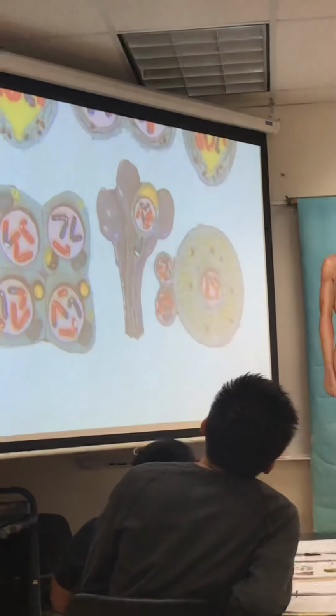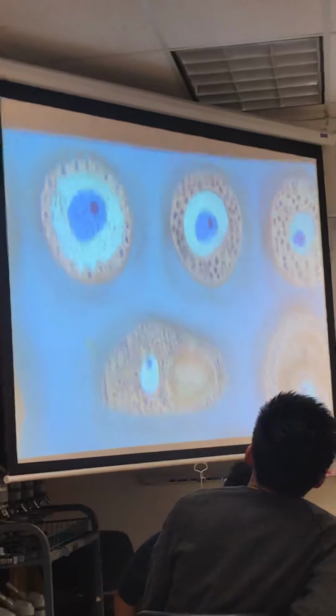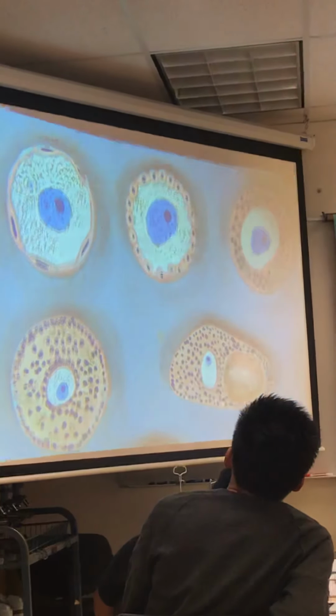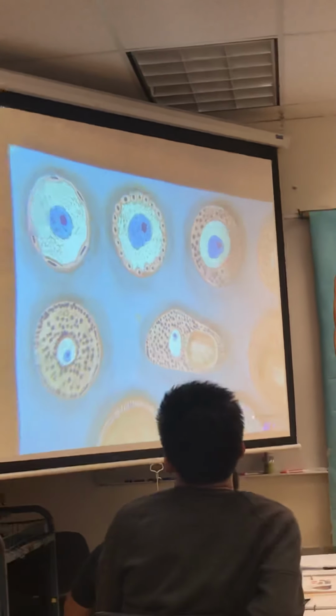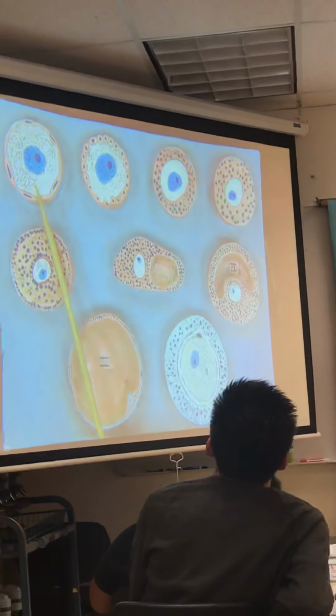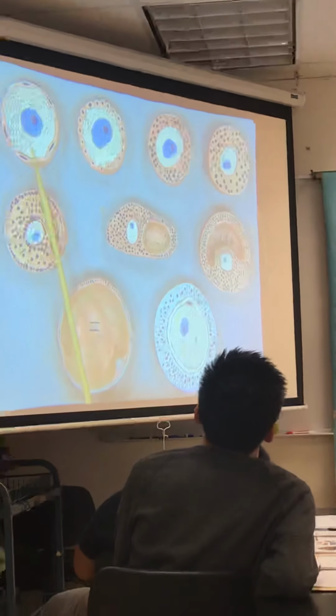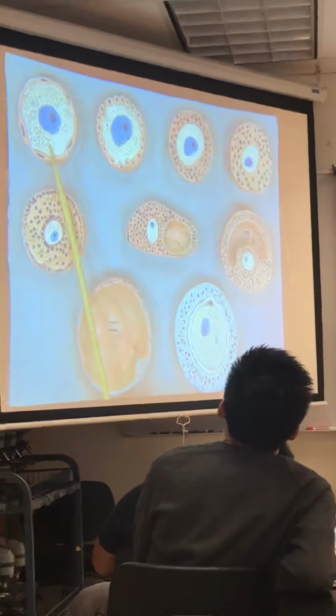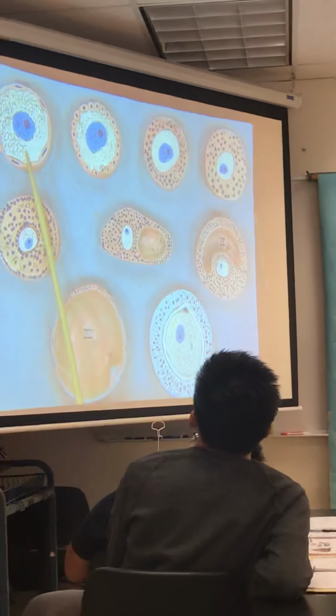Ovum, chromosomal content, N. Eventually, prior to becoming the ovum, you're going to see this model, kind of like so. Let's make sure we know these cells. Identify the cell at the tip of the pointer. Primary oocyte, chromosomal content.